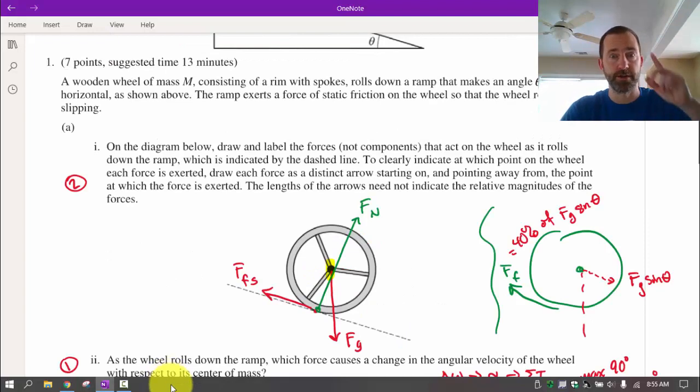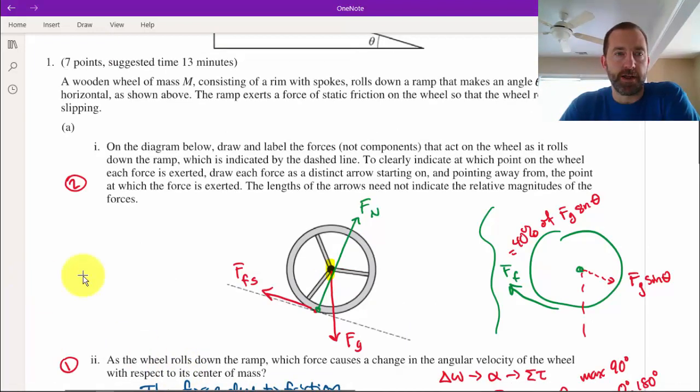All right, points breakdown. So the part A for this problem was worth 2 points. There was 1 point for correctly putting an Fg directed straight down, and a second point was given for having the friction and the normal forces drawn in there from the point of contact with the surface. So 2 points for A1.